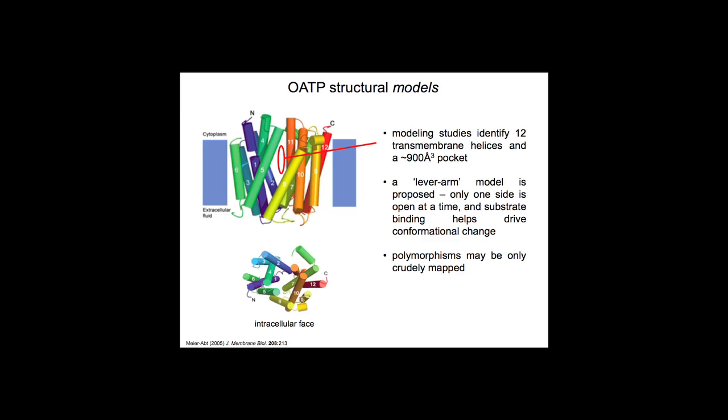In any case, these maps are very crude, and therefore any interpretation of single nucleotide polymorphisms, which of course is what we're really interested in this discussion, can only be mapped in a very rudimentary way and in a very model dependent way. On the bottom here, I've just labeled this intracellular phase.